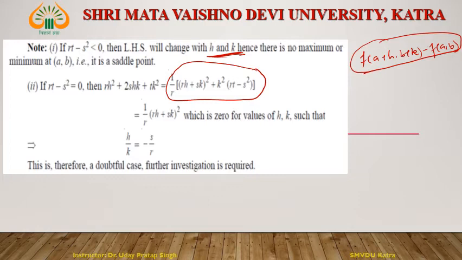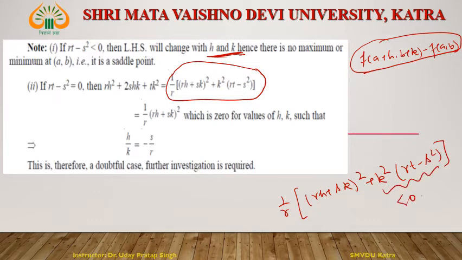It means 1 by r times rh plus ks whole square plus k square times rt minus s square: this thing is less than 0 and this thing is greater than 0.